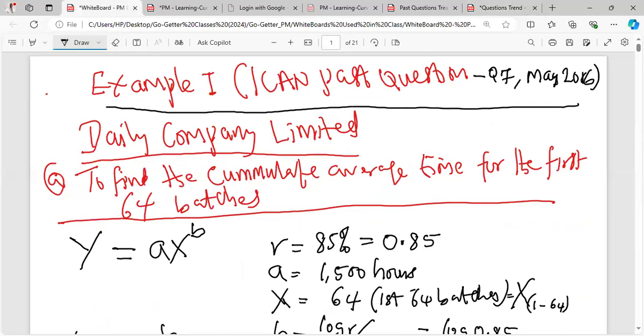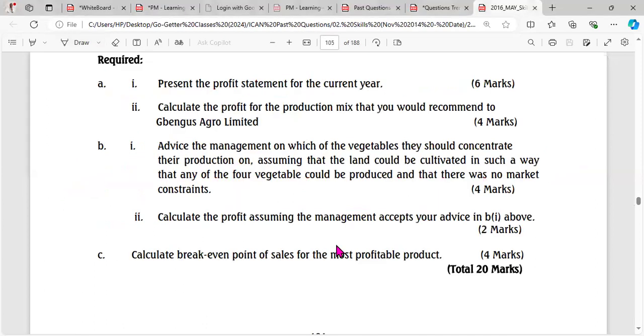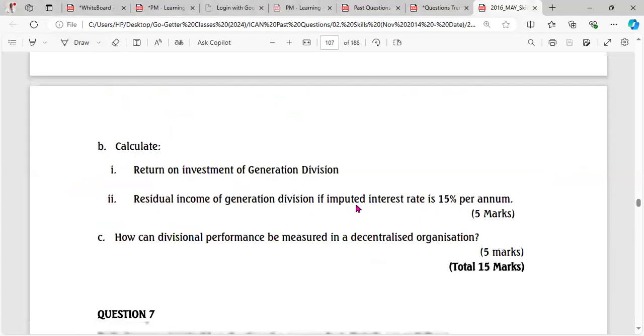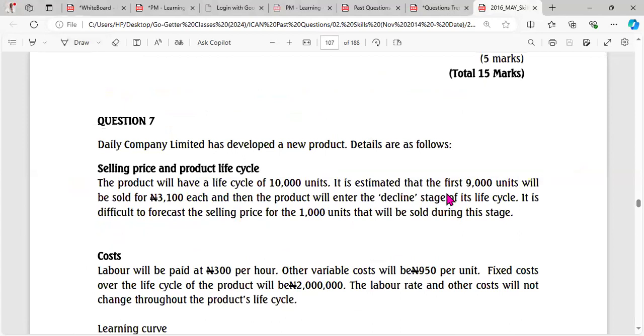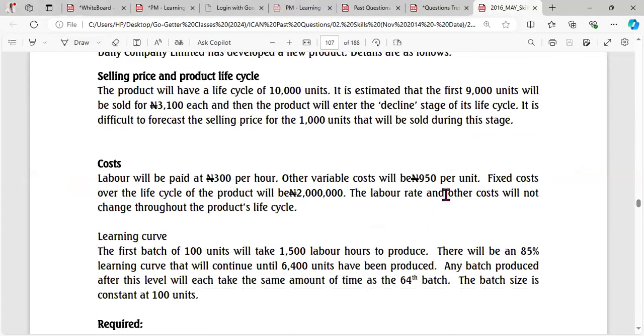So let's confirm. May 2016, question number 7. I need to confirm that. May 2016, question number 7. Good. This is the question we just solved.